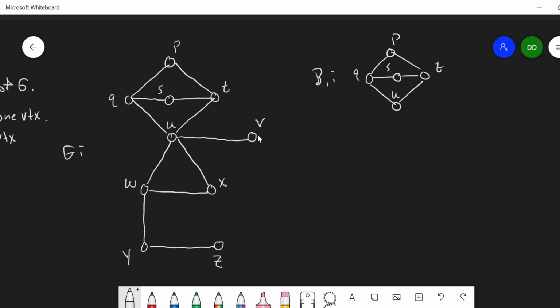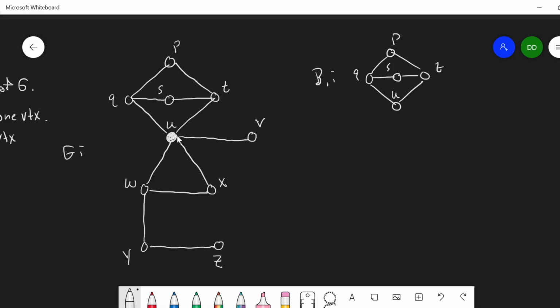If I added V to it, then U would be a cut vertex in the block, same as if I added W or X to the block. So if I tried to add V or W or X, then U would be a cut vertex, and we can't have that. It needs to be non-separable. So I can't add anything adjacent to U because it's a cut vertex.